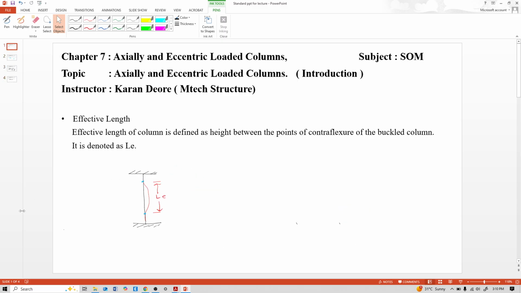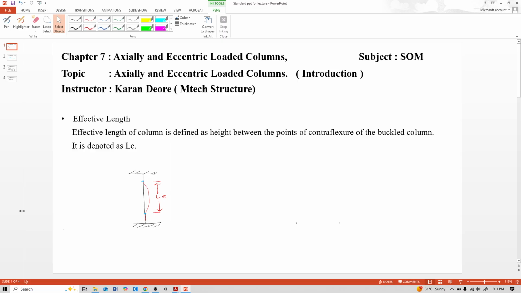Effective length depends upon boundary conditions and the length of the column, and it is the length between two points of contraflexure. We saw contraflexure in our sixth chapter, SFD and BMD, where the point of contraflexure is also called the inflection point, where the bending moment is zero and changes sign.